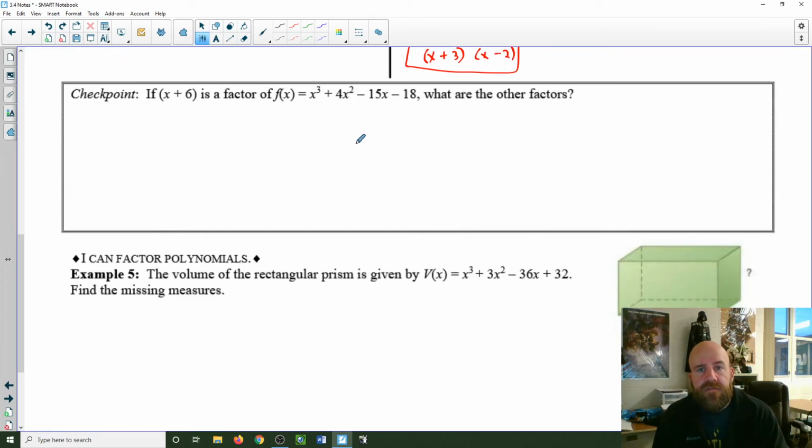Okay, so go ahead and try that checkpoint there. Alright, so we should have either did long division or synthetic division. So listing out our coefficients.